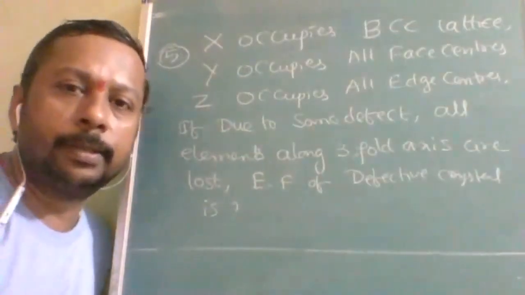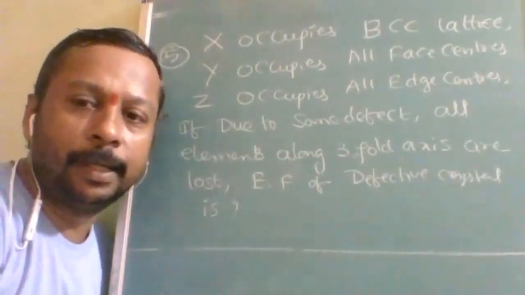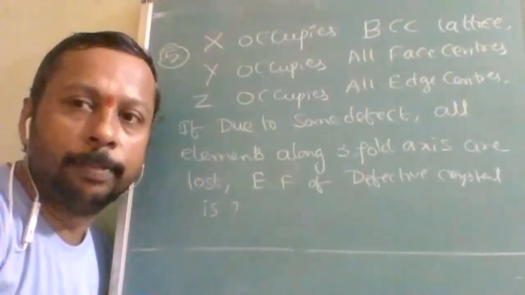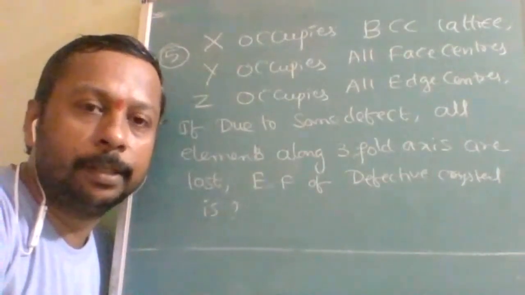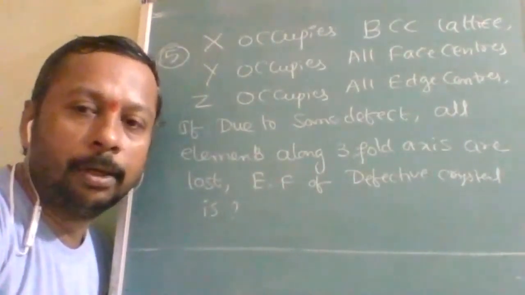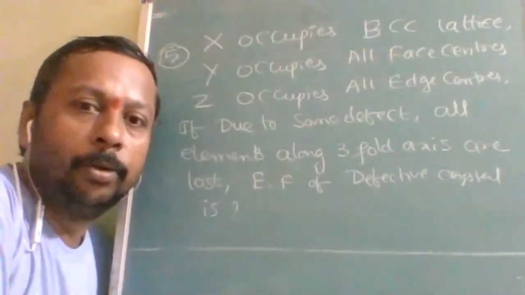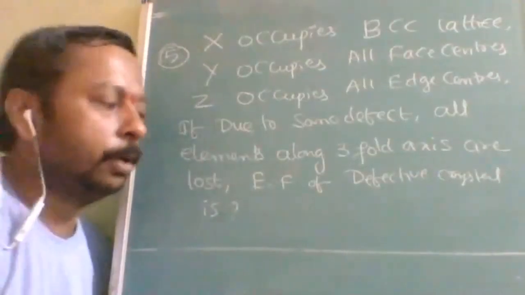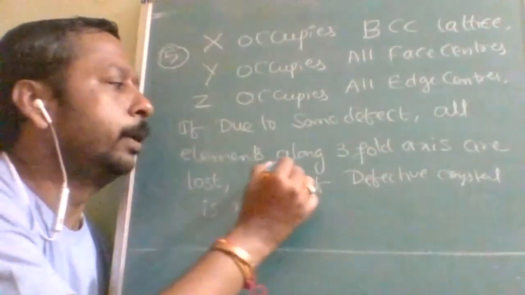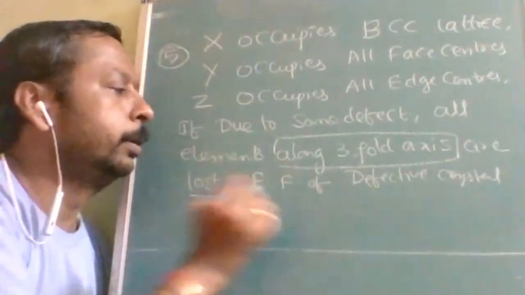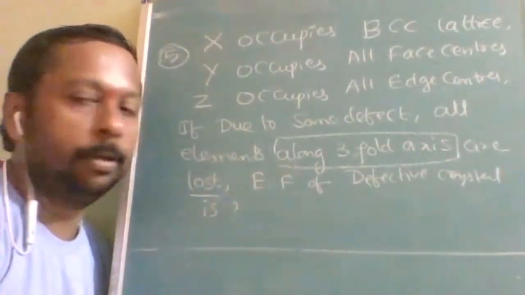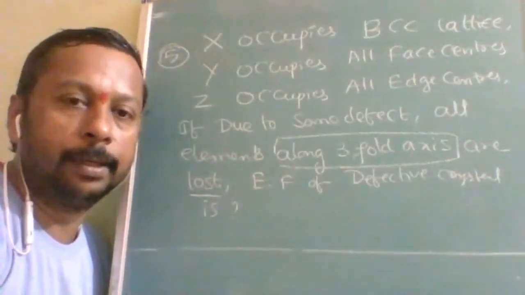Next question is X occupies BCC lattice. Y occupies all face centers. Z occupies all edge centers. Due to some defect, all elements along threefold axis are lost. Then find the empirical formula of the defective resultant crystal.